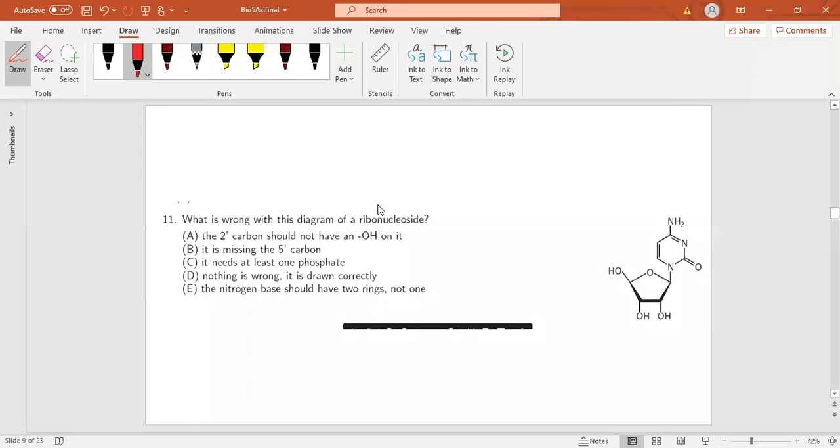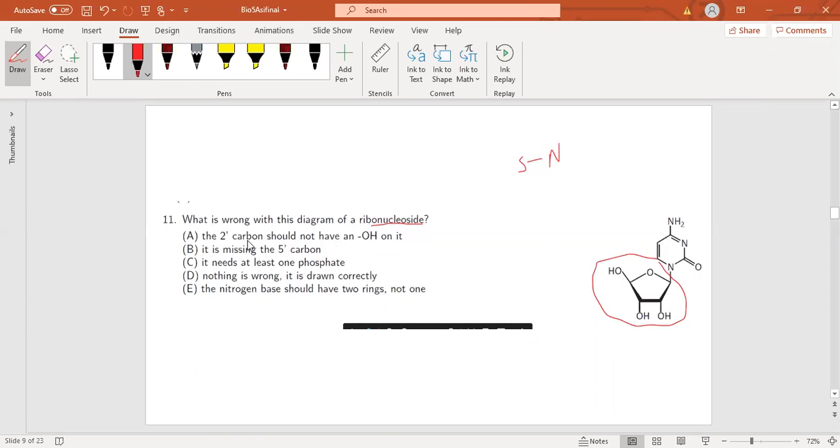So number 11 is asking what is wrong with this diagram of a ribonucleoside. So let's define a nucleoside. Nucleoside only has a sugar and a nitrogenous base, no phosphate, right? So we do see a sugar here, and we do see a nitrogenous base attached to it, all right? So let's go through each answer choice.